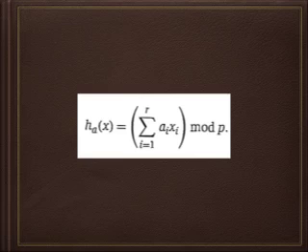First, we'd like it to come with the guarantee from 13.22. That is, for any pair of elements u and v in the universal set U, the probability that a randomly chosen h in script H satisfies h of u equals h of v is at most 1 over n.